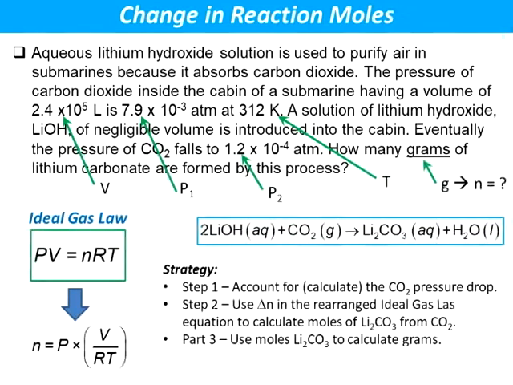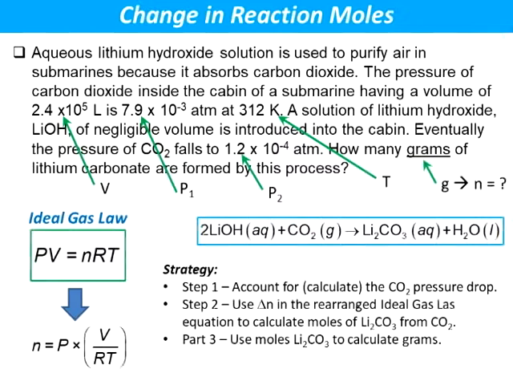If I mark up my problem with the variables, I know that I have volume, I have pressure 1 and pressure 2, I have temperature, and I have grams, but grams will get me to moles.